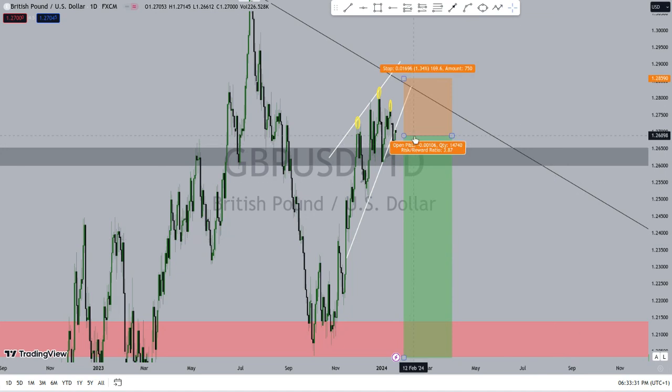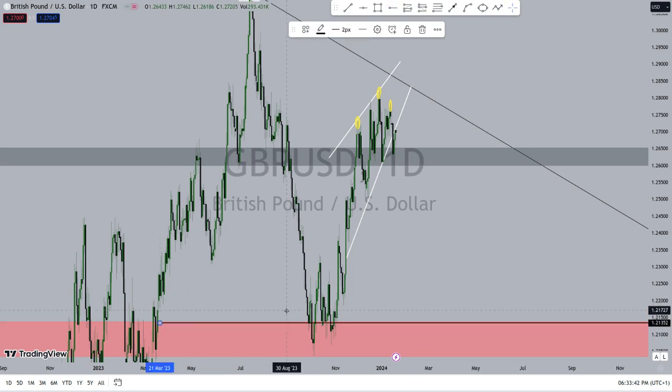So we should still be looking for selling shorts, selling momentum right about this region to the downside, right about here. Just put this here. So expecting something like this.